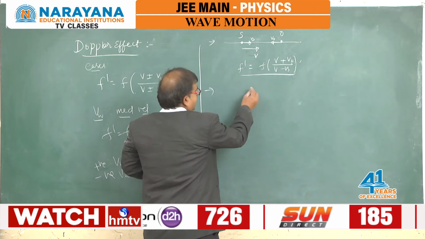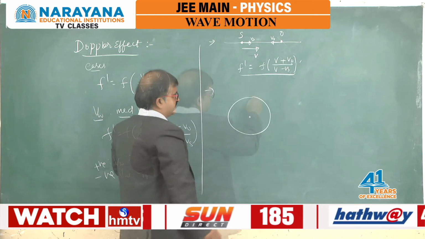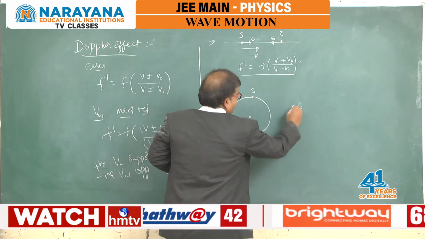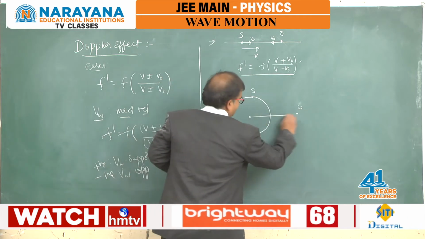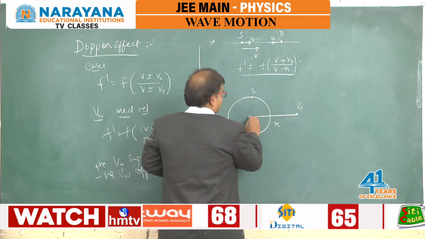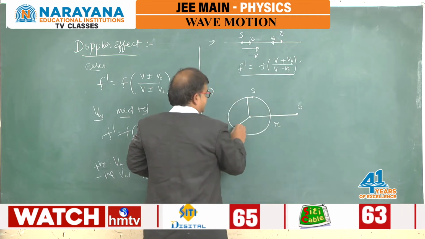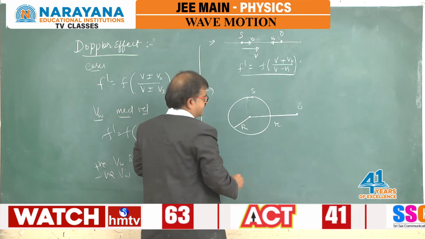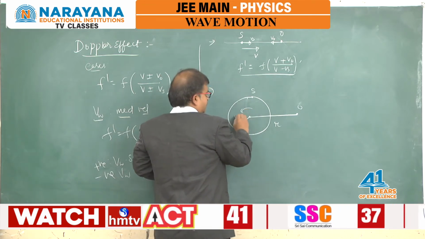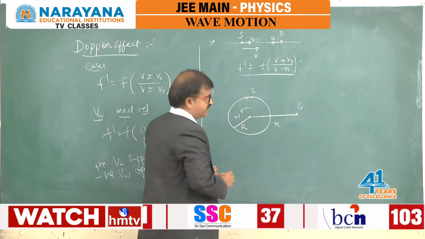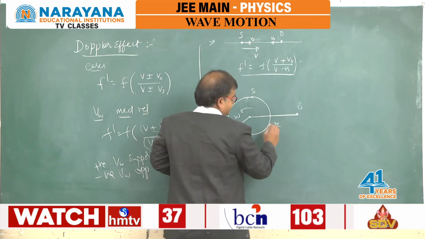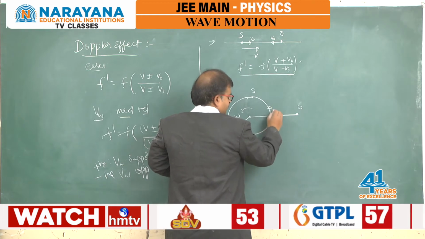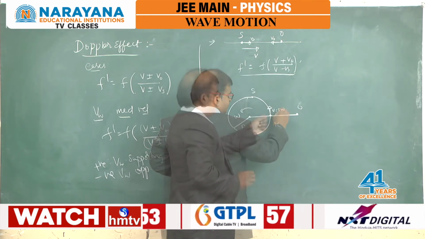Now, as another example, the source is revolving like this, and the observer is outside of it at some distance. Suppose this radius is capital R. Then the angular velocity with which the source is revolving is omega. The observer will observe this sound frequency every time.